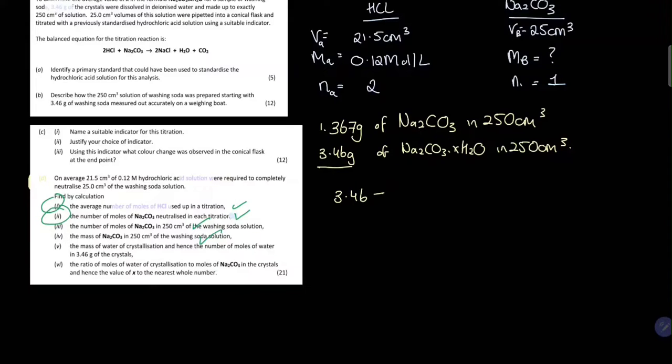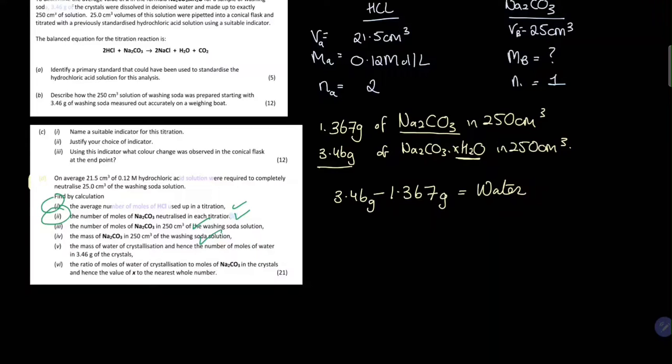And if I take away the amount of sodium carbonate that I've figured out is in that sample, I'll work out how much water of crystallization is also in the crystals.